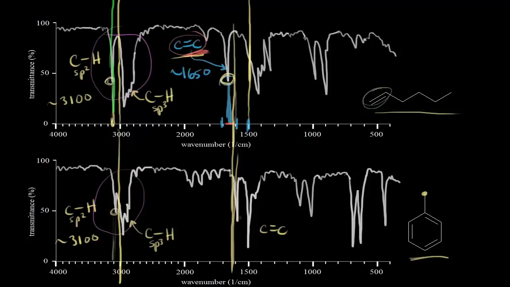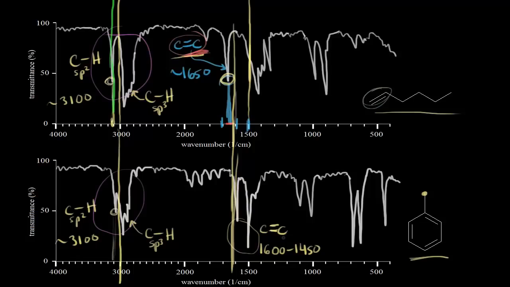Here it looks like we have two signals. It depends on what kind of compound you're dealing with, but this usually shows up lower, somewhere around 1600 to 1450. But we're talking about the carbon-carbon double bond stretching here.